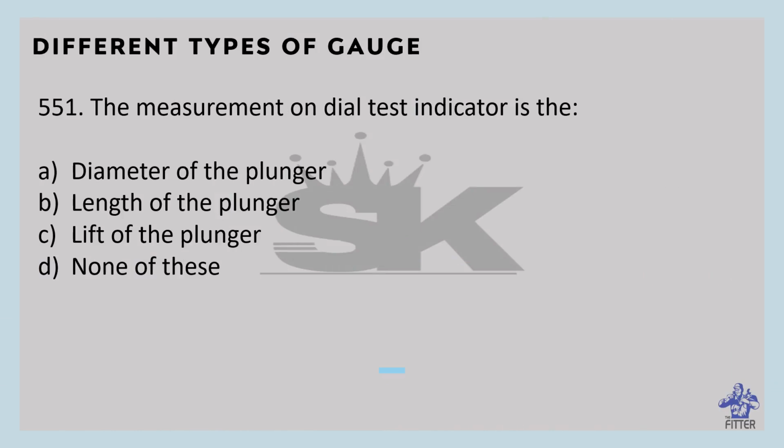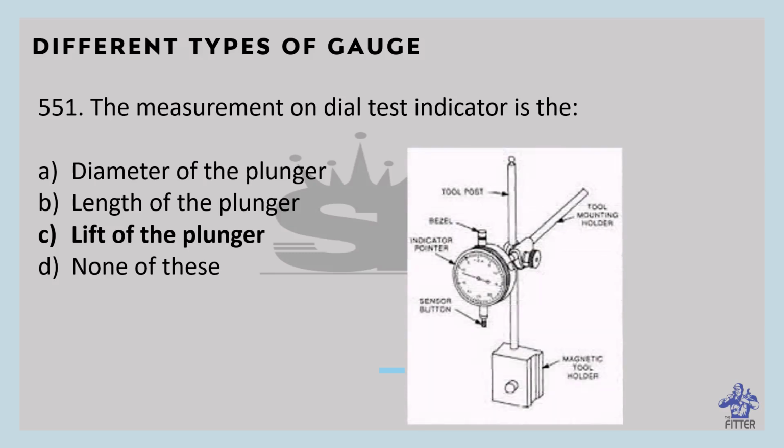The measurement on dial test indicators is the lift of the plunger. Again, a dial test indicator consists of a plunger which slides in a circular body. You can see here in the image.